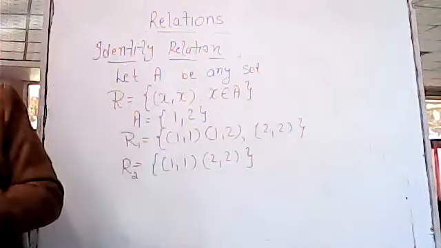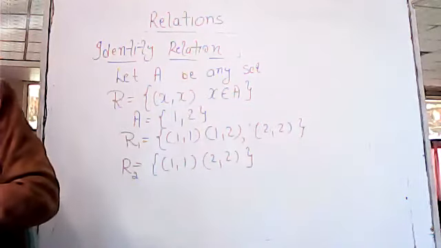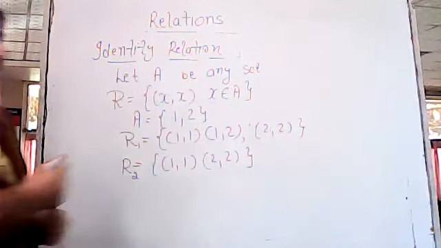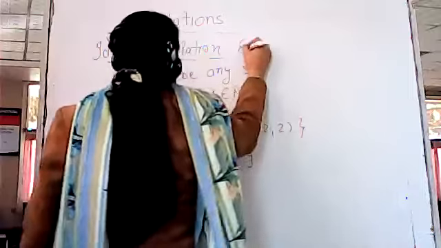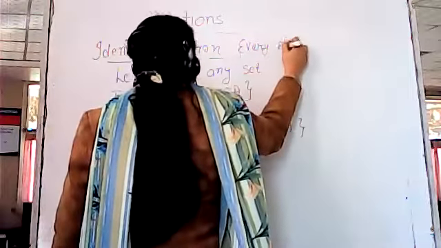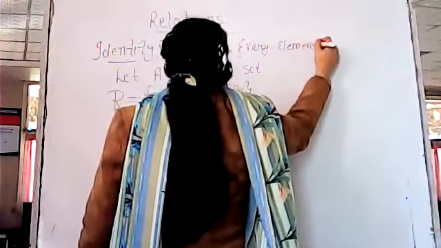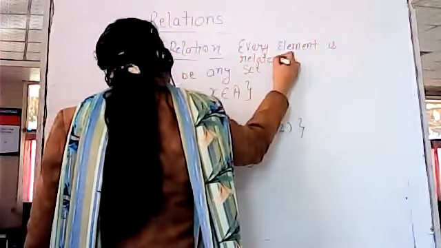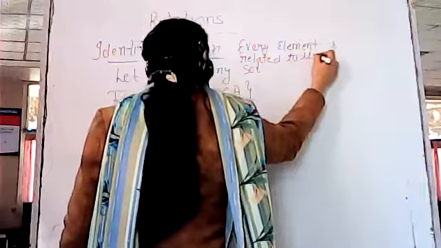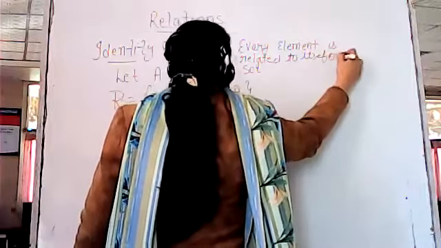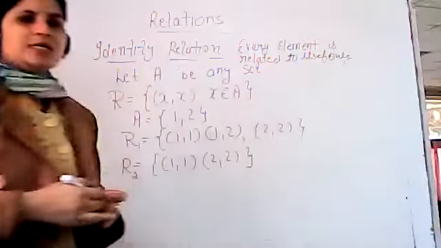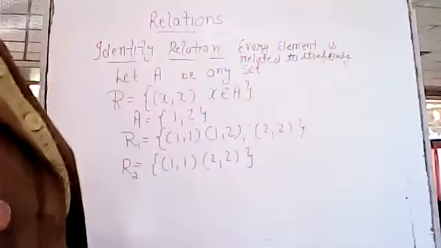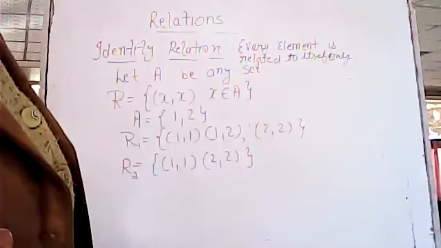So what is the most important point to remember? In case of identity relation, every element is related to itself only. So this is the most important point to remember.